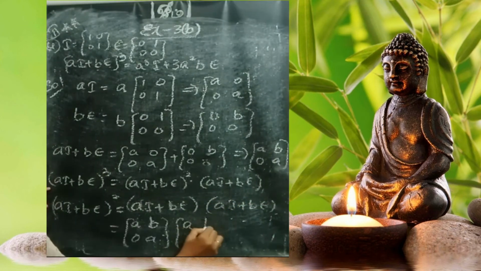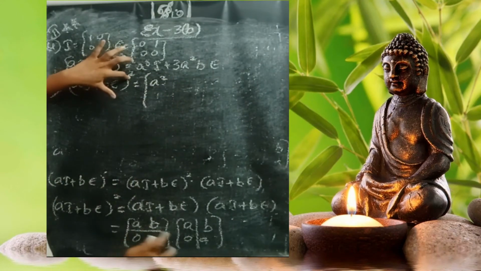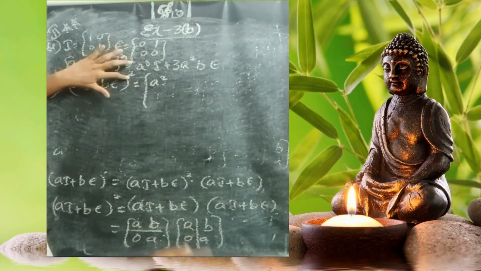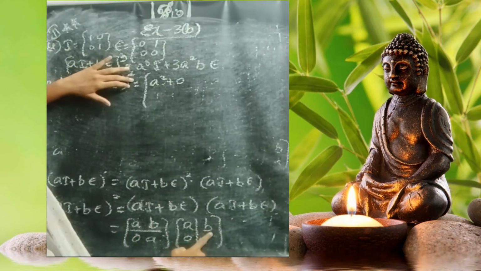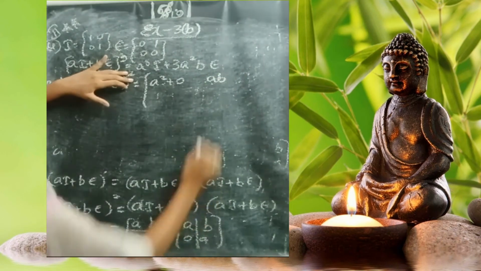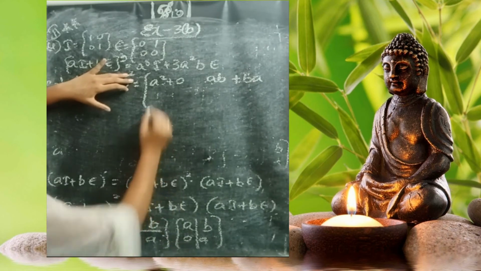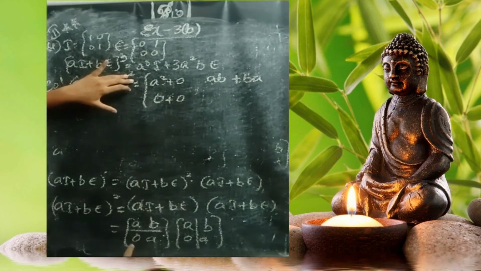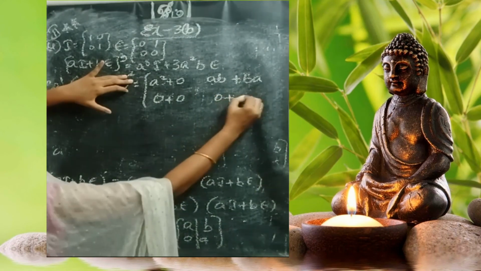This is the multiplication. A square plus B into 0, 0. Next, A into B, AB, plus B into A, BA. 0 plus 0, 0 plus 0. Here 0 plus A square.